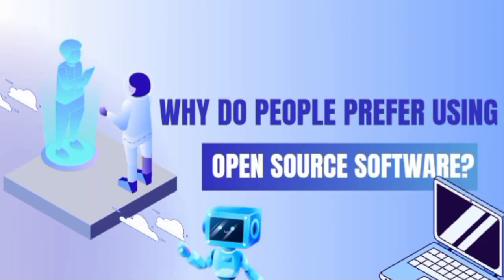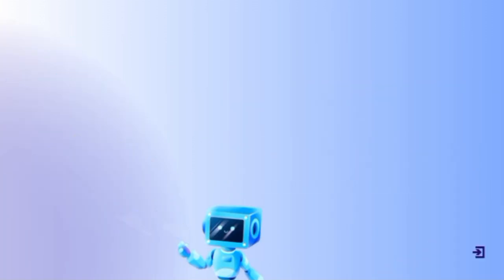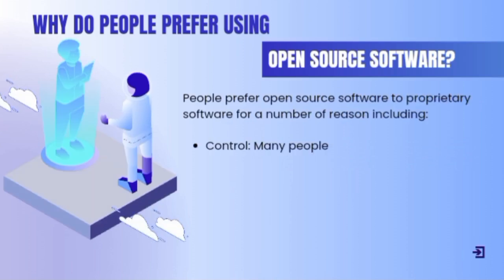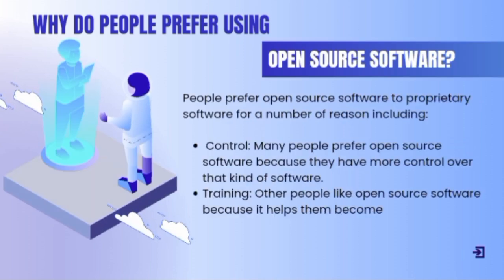So, why do people prefer open source? People choose open source for several reasons. First, it gives users full control over the software, allowing them to adapt it as needed. Second, open source offers excellent learning opportunities as students and developers can study and improve the code.